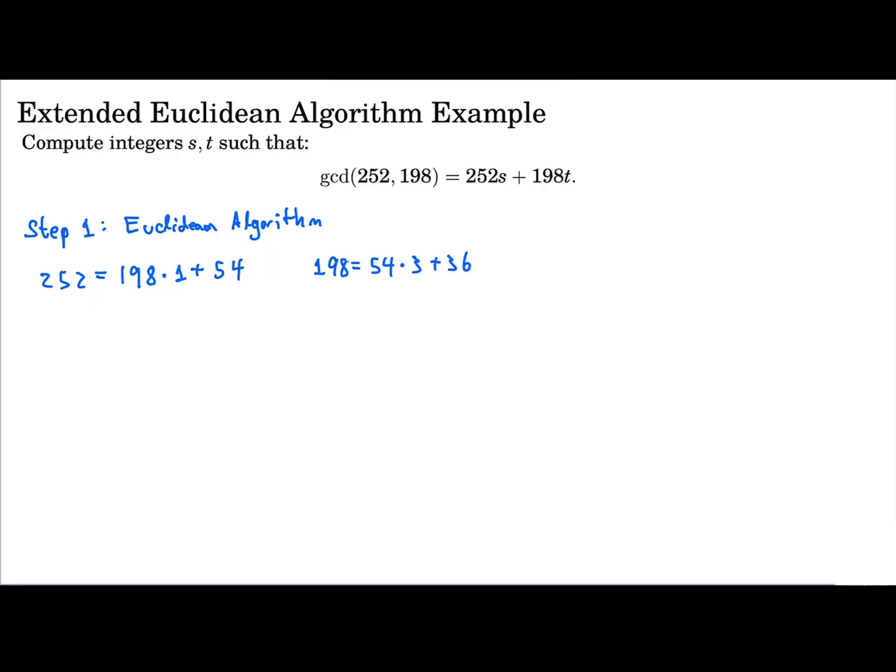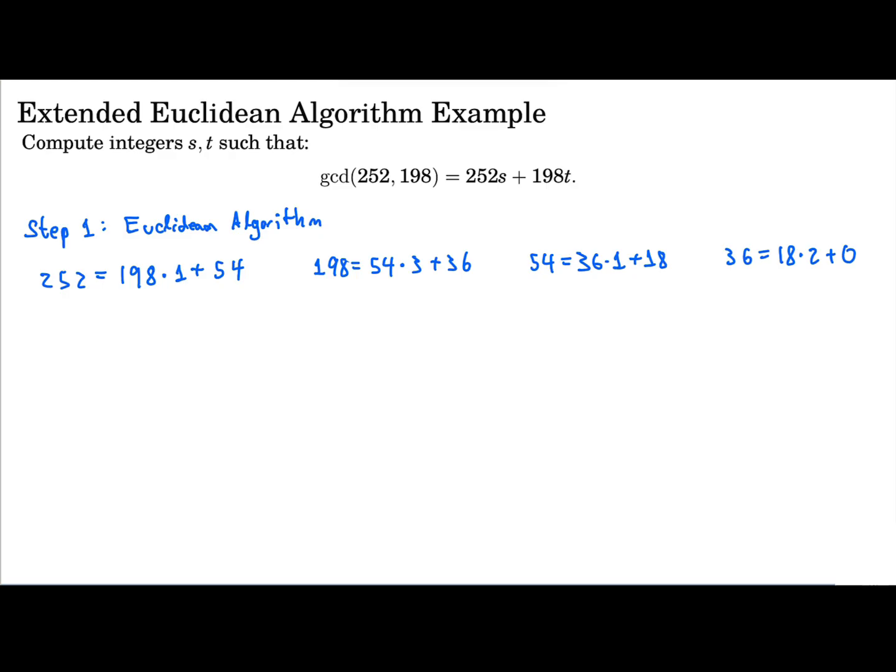And then we again divide this number here by this remainder. So now 54 is going to be equal to 36 times 1 plus 18. And then we divide this number by this remainder. And so 36 is going to be 18 times 2 plus 0.